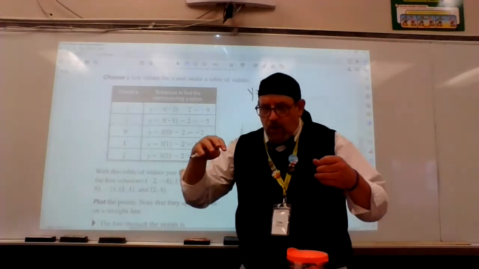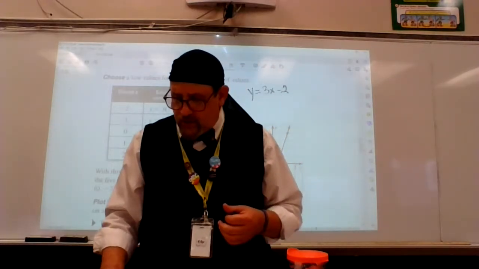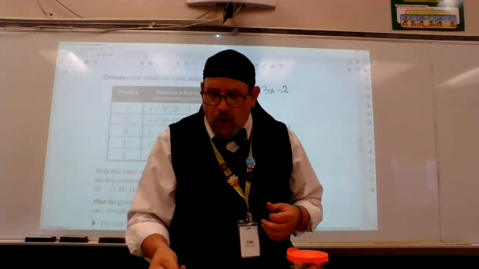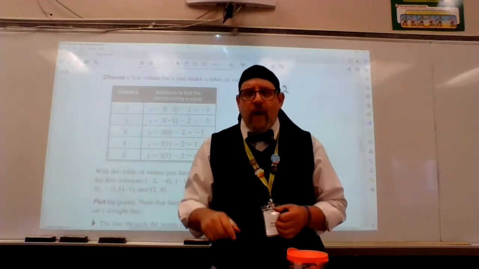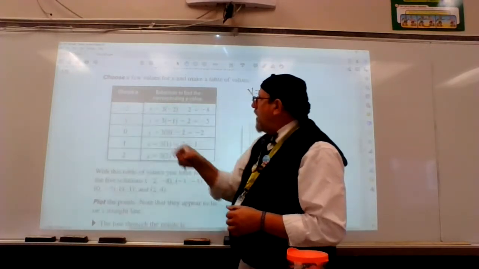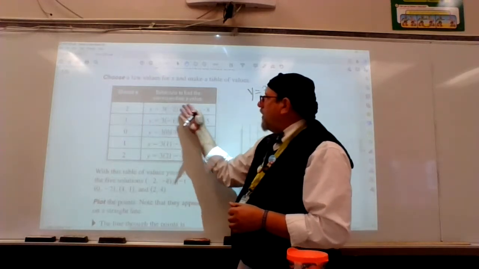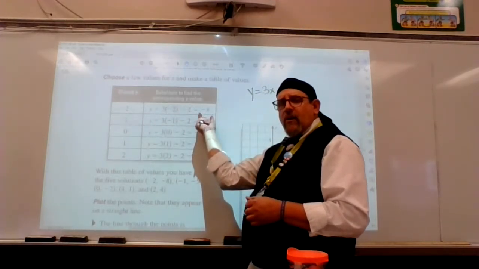So when you have equations, you can also create an input-output table and do the math. So they're telling you, go ahead, input a 2 for x, and then do the math and find out what comes out.